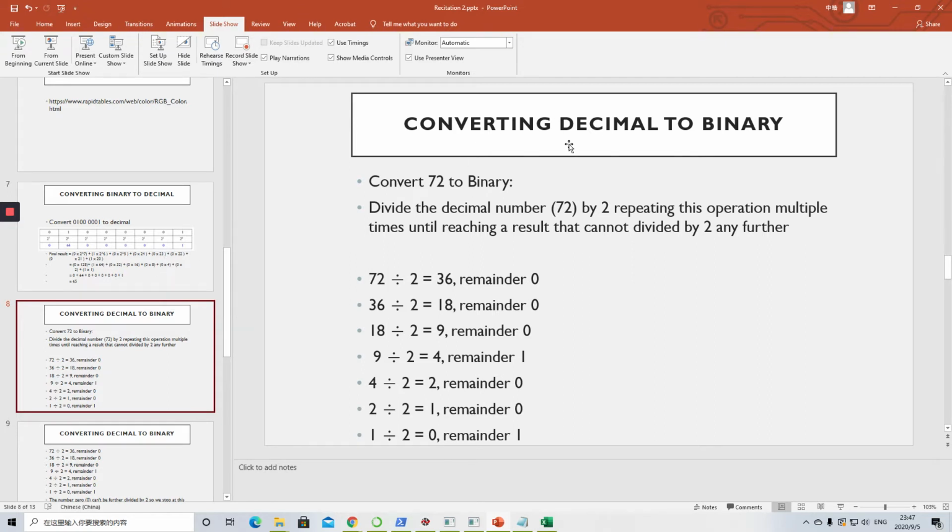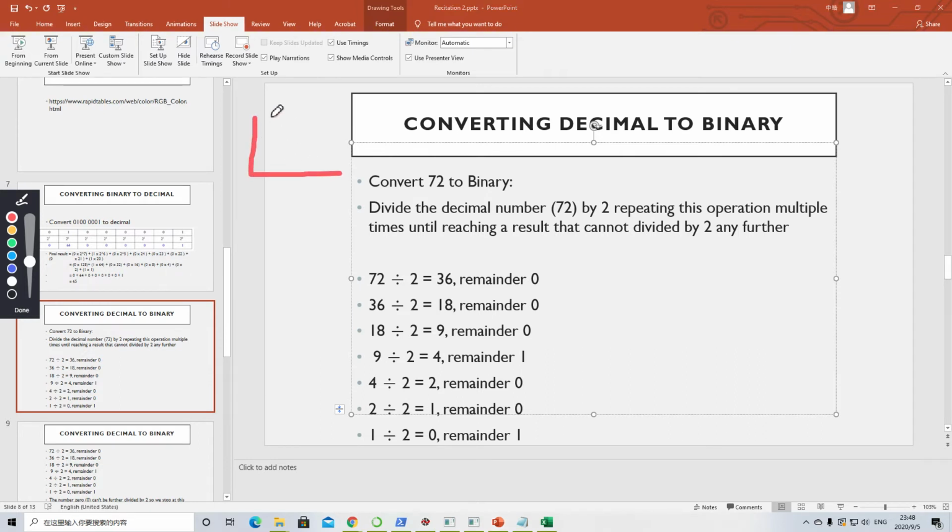For this one, we need to convert decimal to binary: convert 72 to binary. We take this decimal number 72 and divide it by 2, because we want the binary number. 72 divided by 2 is 36.